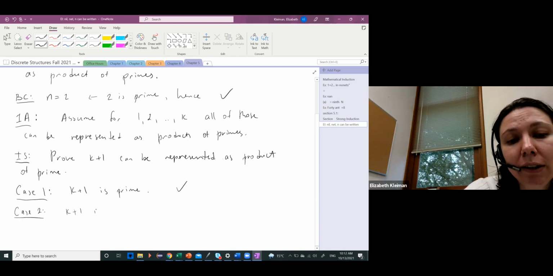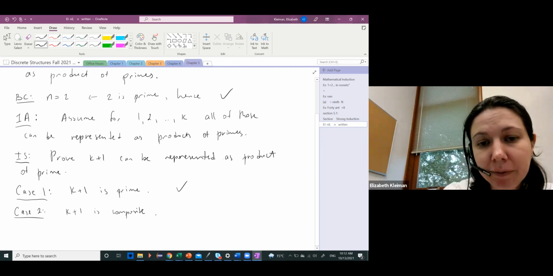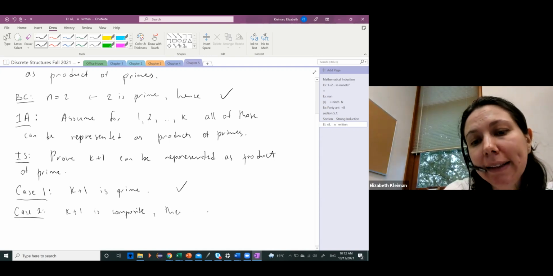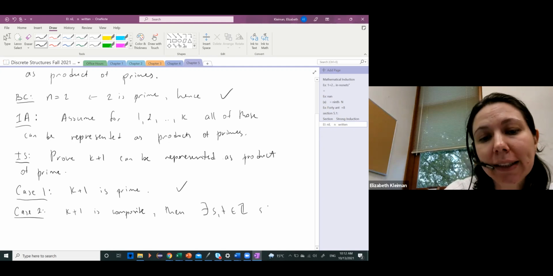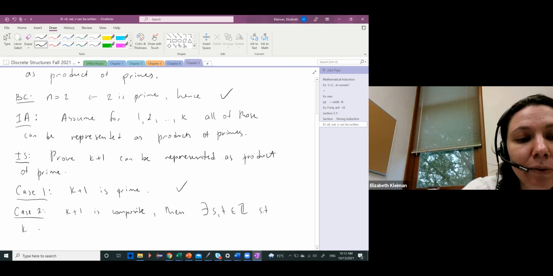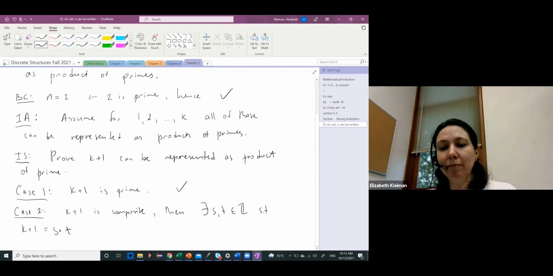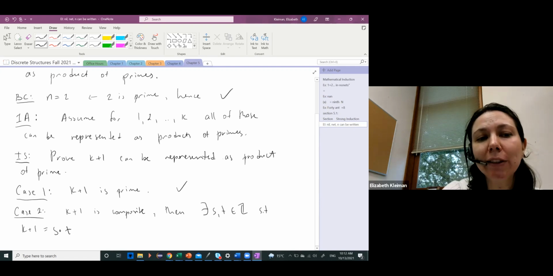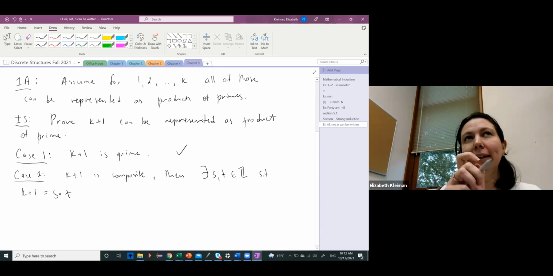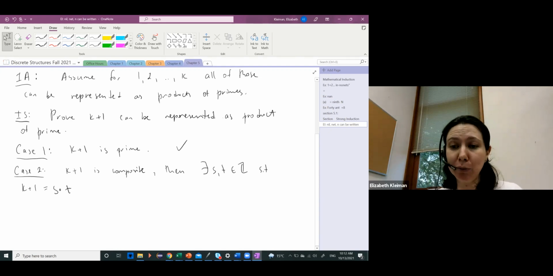Now, case 2, k plus 1 is composite. What composite means is not prime, correct? Then there exist s and t, both integers, such that k plus 1 is equal to s multiplied by t. Agreed? And this is where the big difference between traditional induction and our stronger assumption comes into place.